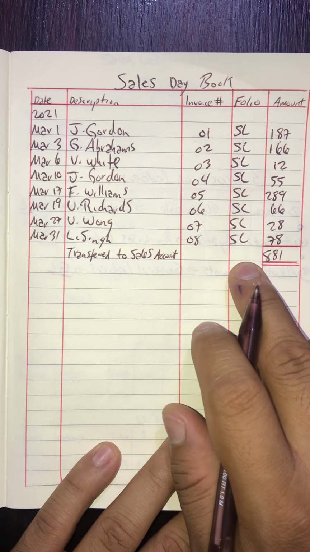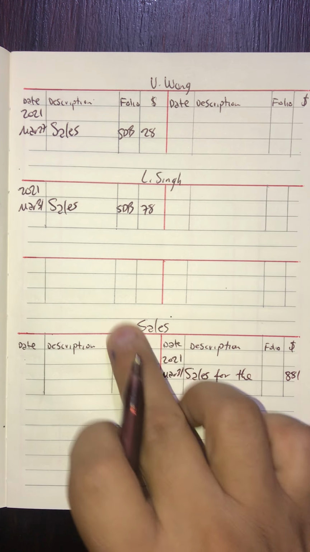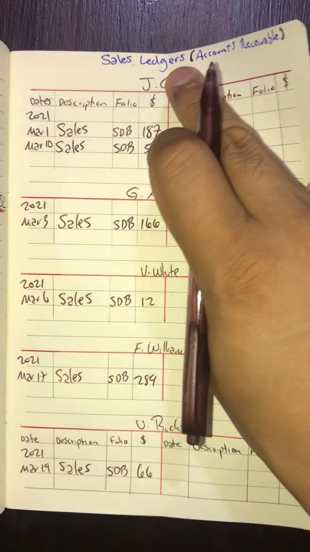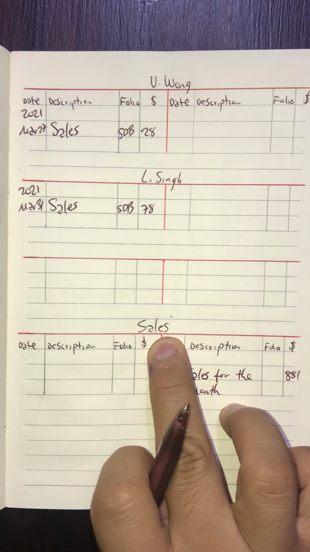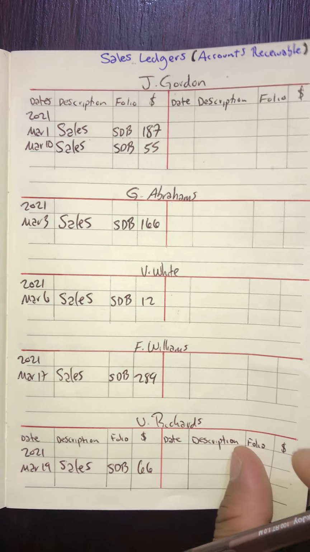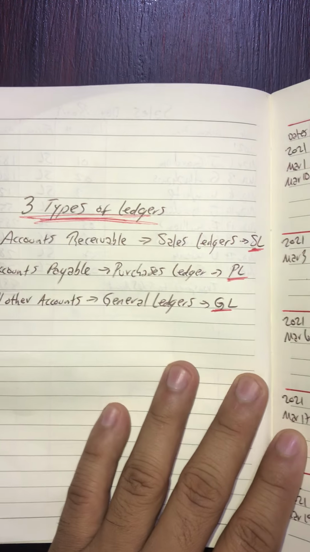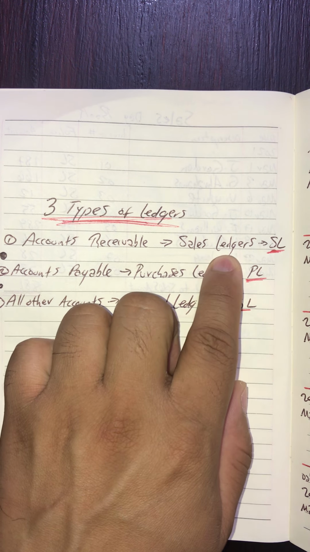So where did I take this amount? I took it here, but this particular T account does not fall under the sales ledger because this account is not an accounts receivable. In fact, I explained to you right here, I hope it was clear, that only accounts receivable are considered sales ledger.